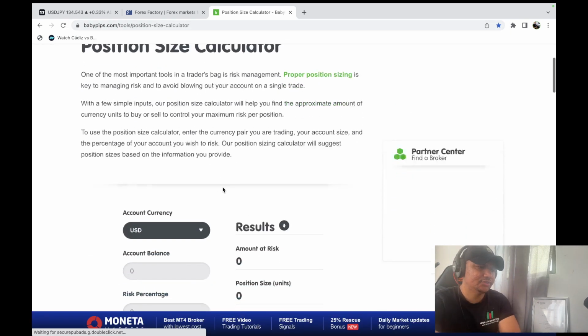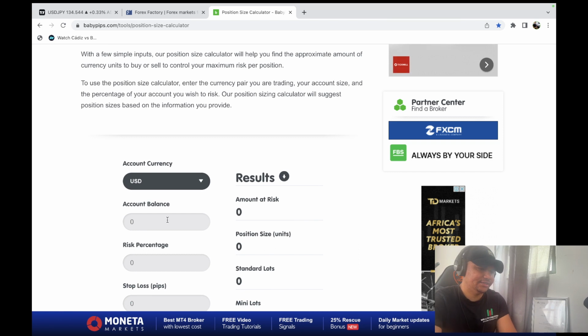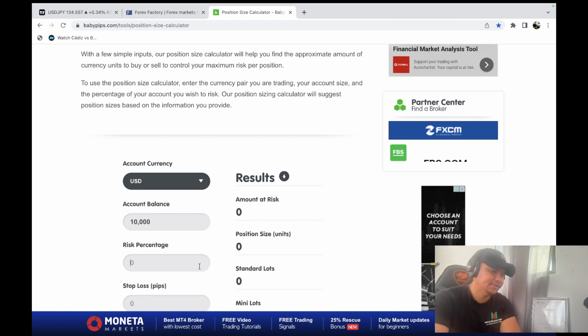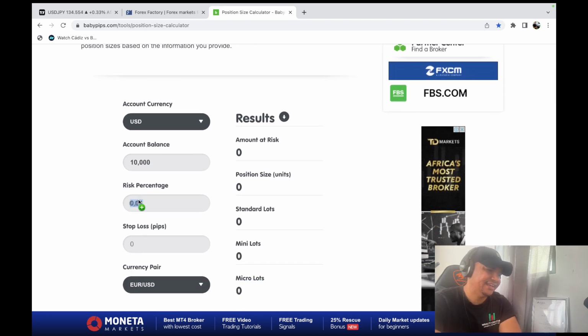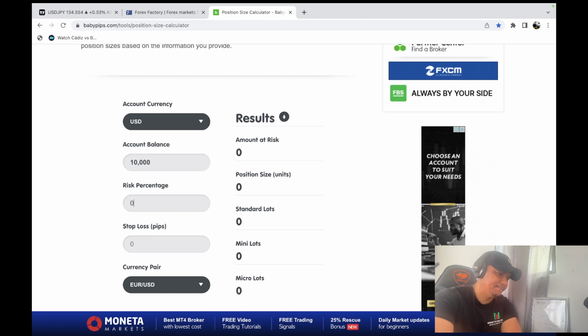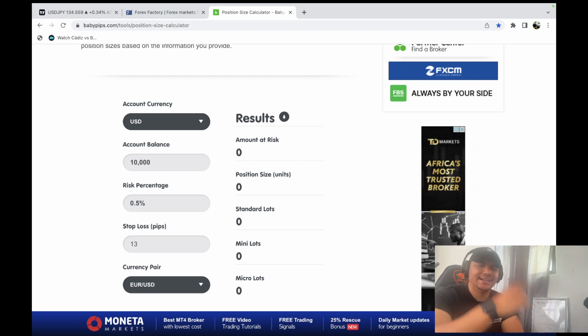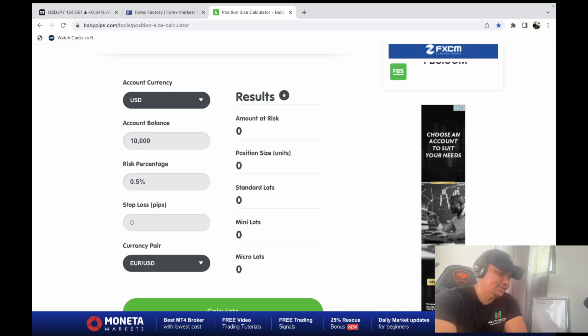If you use a position size calculator, you use a $10,000 funded account. Just for an example, your risk appetite is 1% per trade. In fact, let's go 0.5 because it just makes more sense, unless you want to become a millionaire overnight. And your stop loss for one trade, let's say you're trading gold. You say, I want to do 30. No, not gold, because I don't like gold.